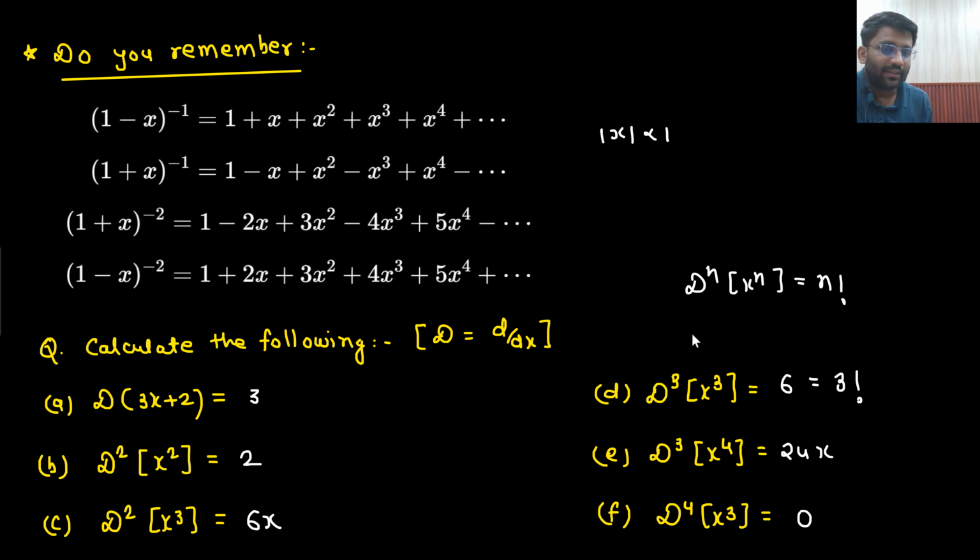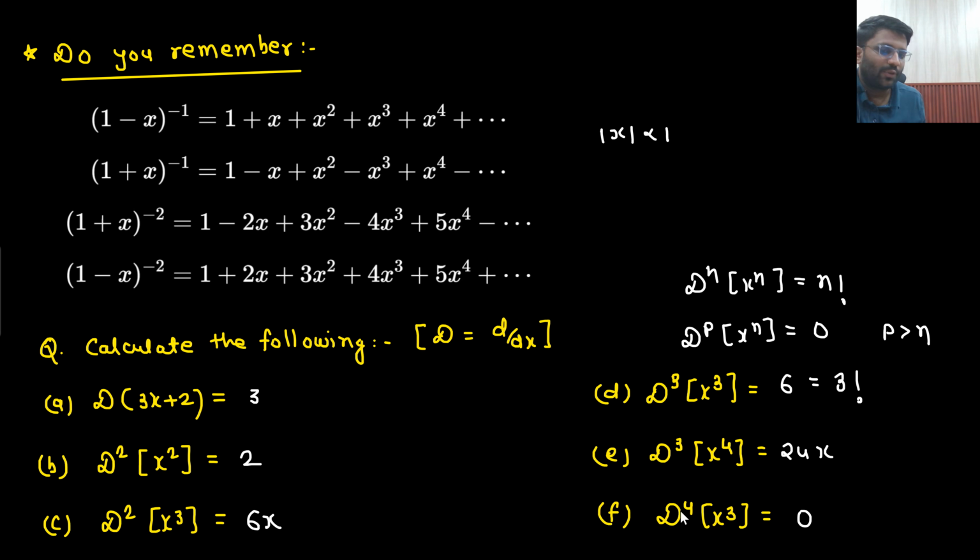If you differentiate this p times, where p is greater than n, what will the answer be? You are differentiating x to the power n, p times, where p is greater than n. What will be the answer? 0. Why is that so?